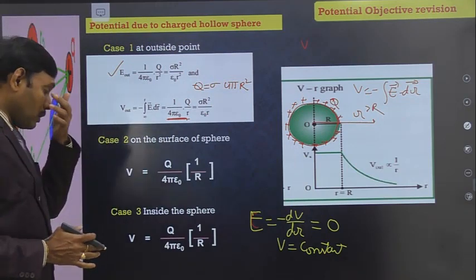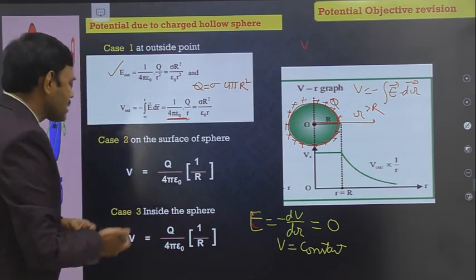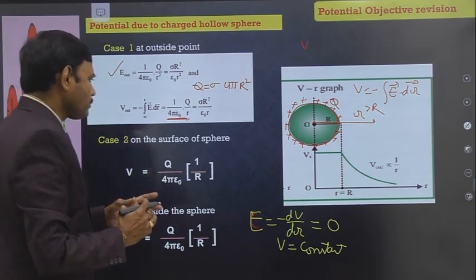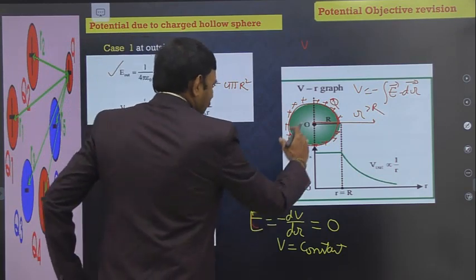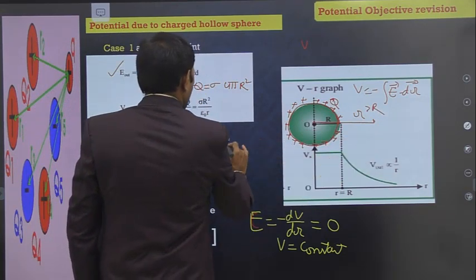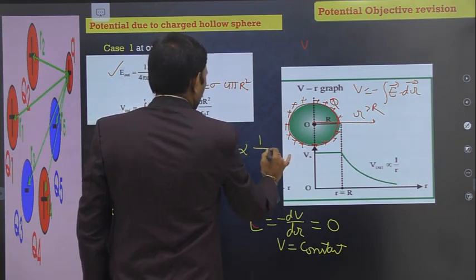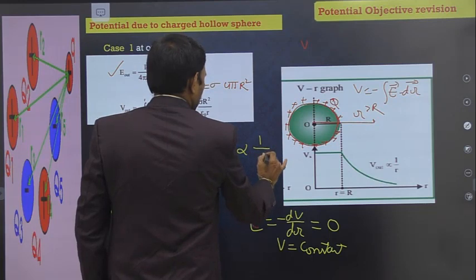When you look into the recently given questions on this concept, generally either on the surface or at outside the surface, the potential due to the given sphere is proportional to 1 by r.